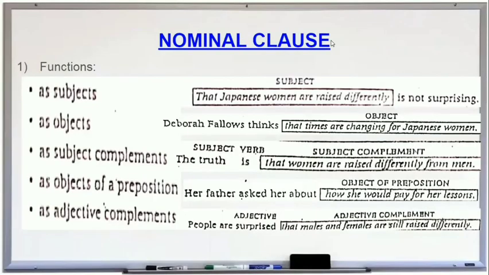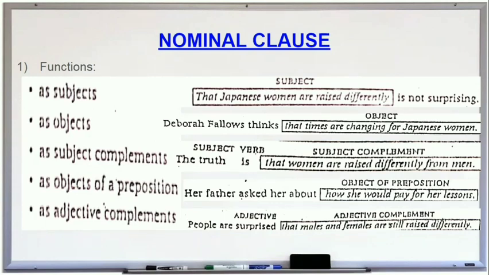Noun clauses are most commonly used as the following: as subjects, as objects, as subject complements, as objects of a preposition, or as adjective complements. Let's start by the first one, that is to say, as subject. Well, as the word reads, this noun clause serves as the subject of the sentence.